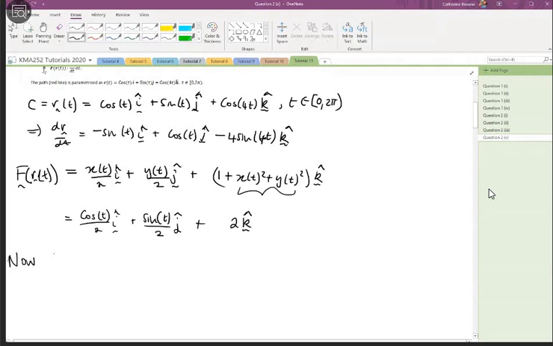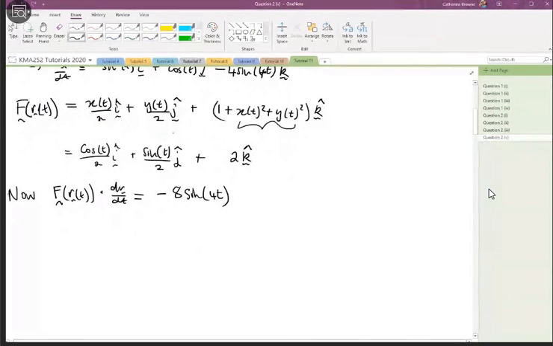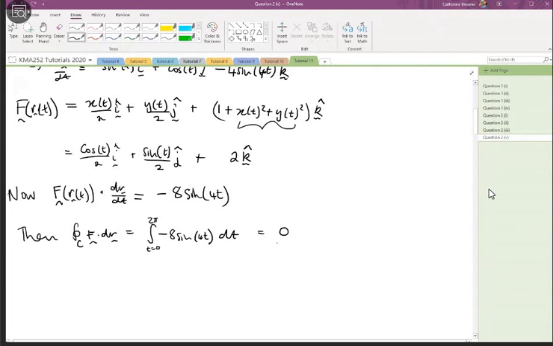And now we can find F of r of t dot dr/dt. I've run out of time, but if I dot those two together, I get minus 8 sine 4t. And then I will want to integrate it over t, and if I solve that, I'm going to get 0, which is the same as I had before.